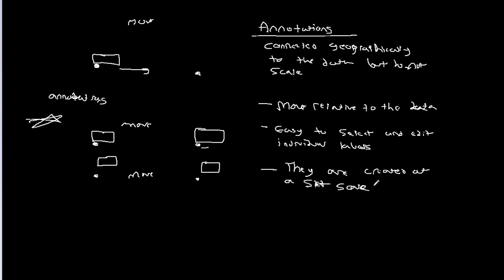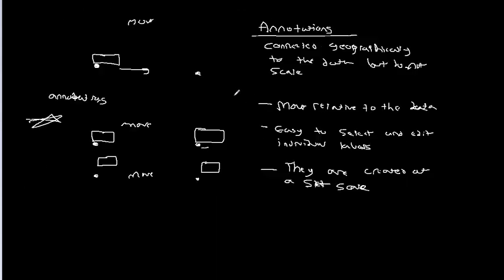And again, once you create them, they're created at a set scale, which means they're going to be the same size regardless of whether or not you zoom in or out. So they'll move with the data, but if you change the scale, the labels might seem inappropriately sized. So that's annotations.